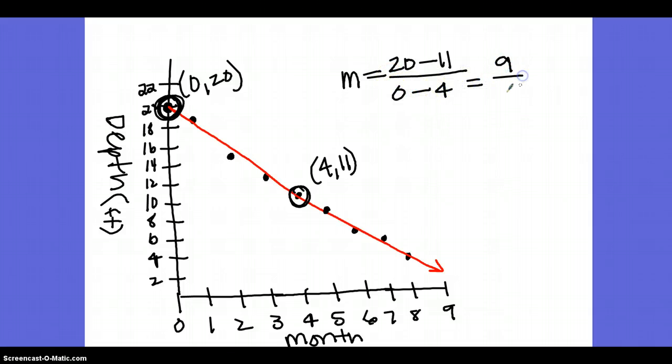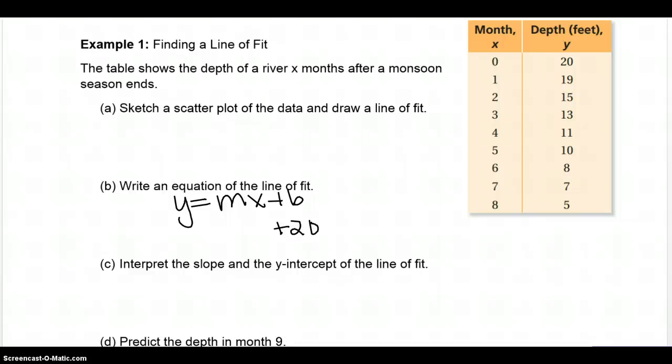So this is 9 over negative 4, which turns out to be negative 2.25, or you can leave it as negative 9 over 4. Whatever slope you pick, whatever points you did, just make sure it's kind of close to that. So writing my equation, it would be y equals negative 9 over 4x plus 20.